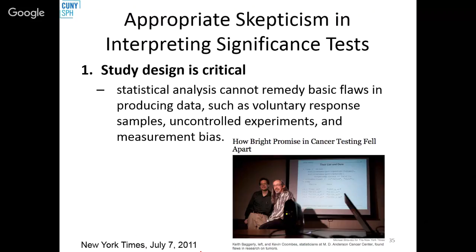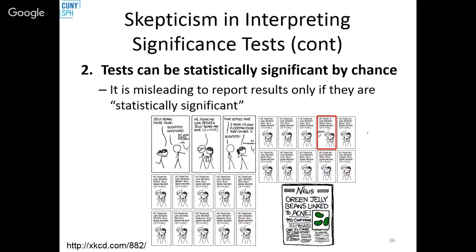This was on the cover of the New York Times back in 2011 with genomics data from cancer studies where, due to a variety of reasons that you could not necessarily tell from the paper, there were small p-values, but in fact, no good evidence against the null hypothesis.